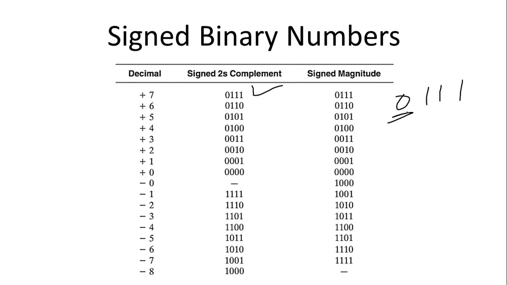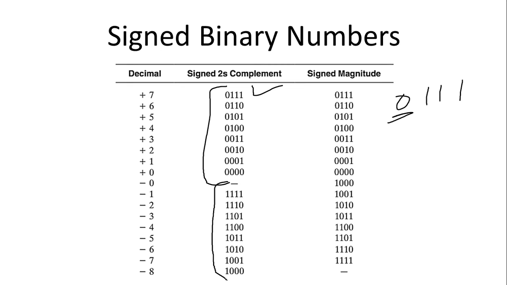If this bit is 1, the number is negative. You can see from the second column, all are zeros from 0 to positive 7, and from -1 to -8, all most significant bits are 1, which represents that these numbers are negative.